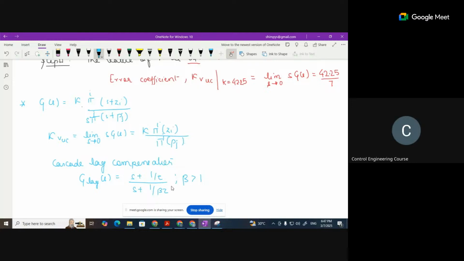So basically I'm adding a zero and a pole, right? Clear up till here?